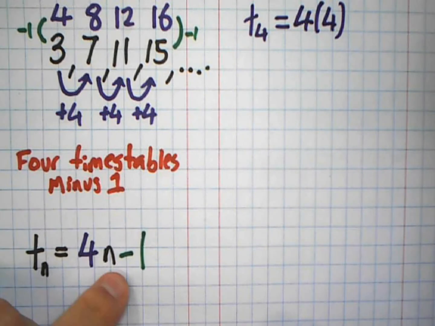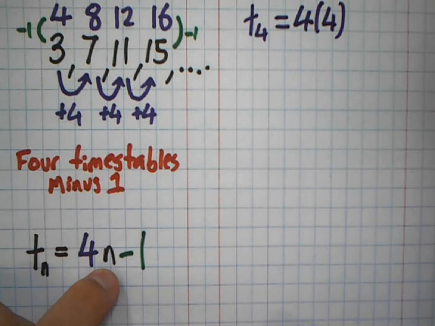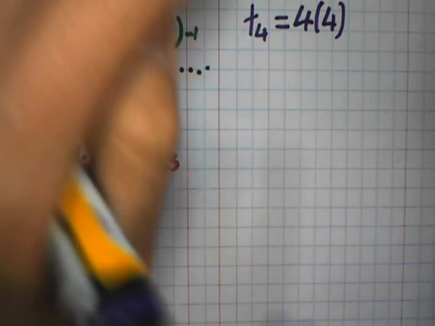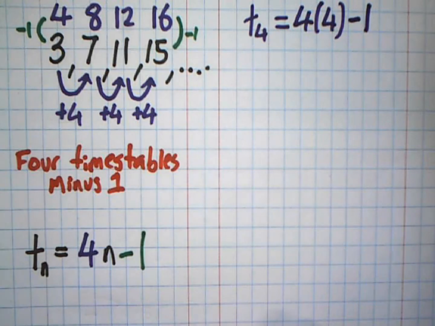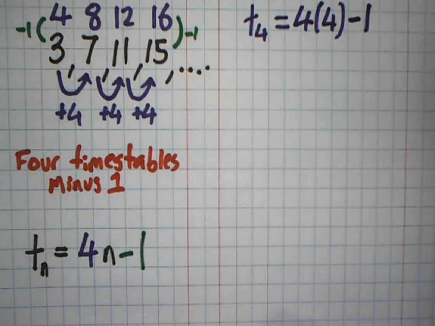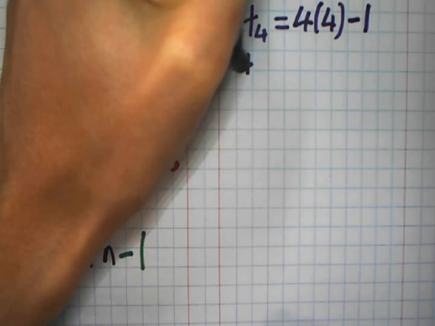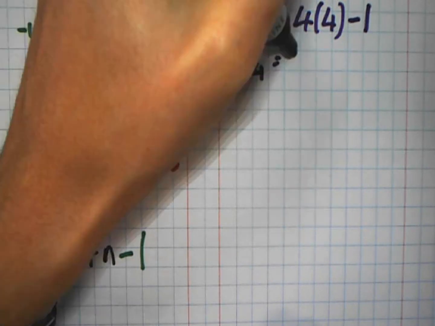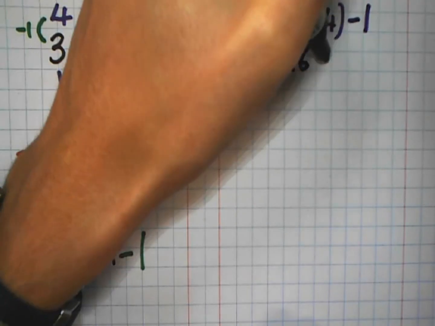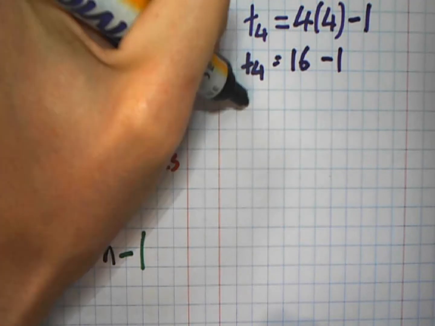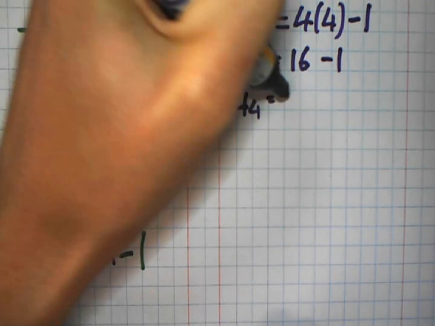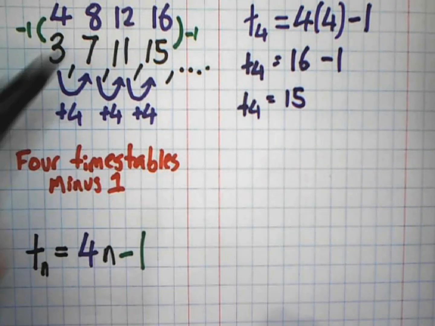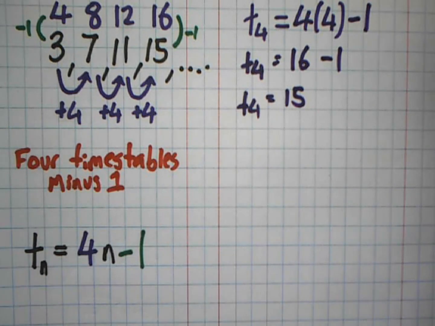Now, instead of writing n, I'm going to write 4, because it's the 4th one in the pattern, and then minus 1. So 4 times 4 is 16 minus 1, which means T4 equals 15. Well, that matches up. So we've correctly formed our rule here.